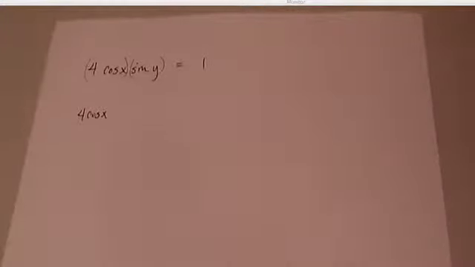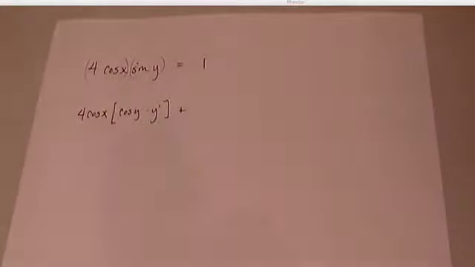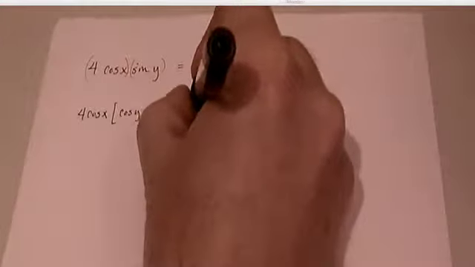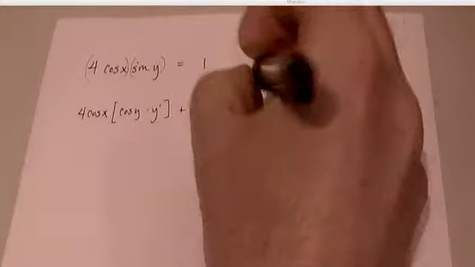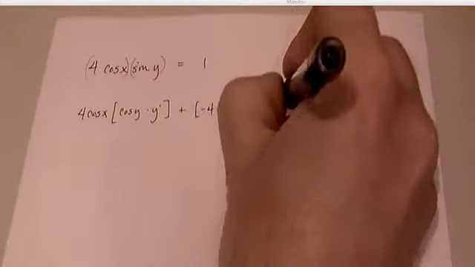So we have the first times the derivative of the second factor. Now the derivative of the second factor, and I've already done sine y, if you remember, it's cosine y times y prime. And then I need to go ahead and do the derivative of the first, which winds up being negative 4 sine x, and then I need to leave the second one alone.